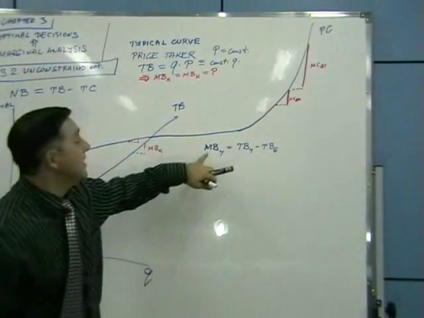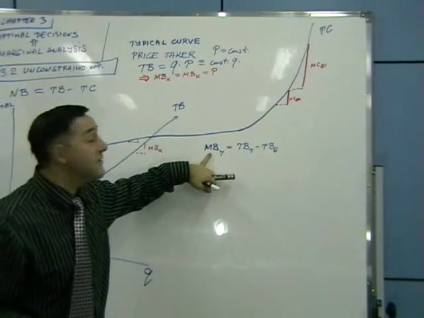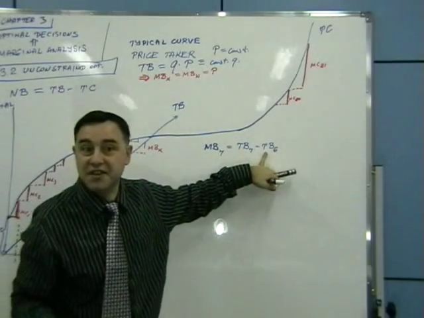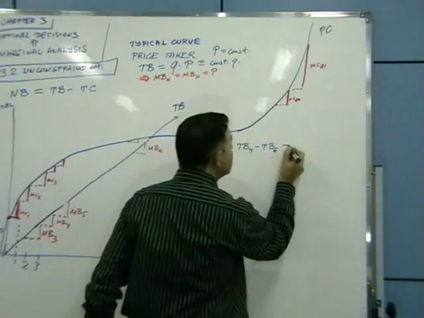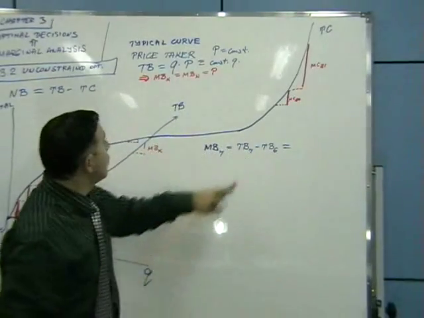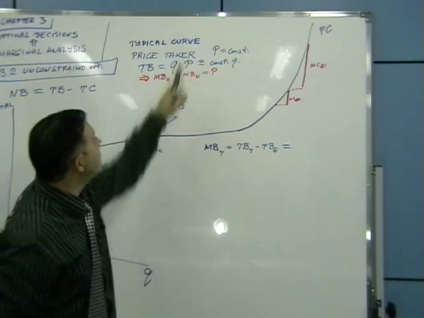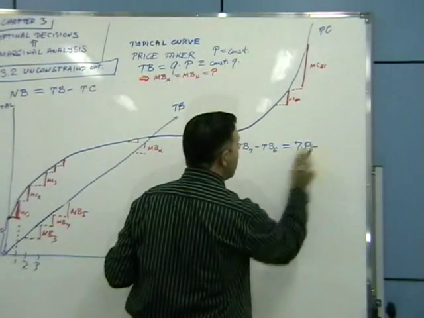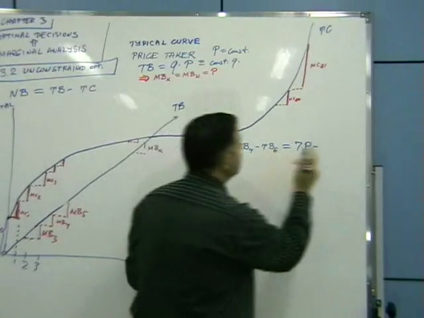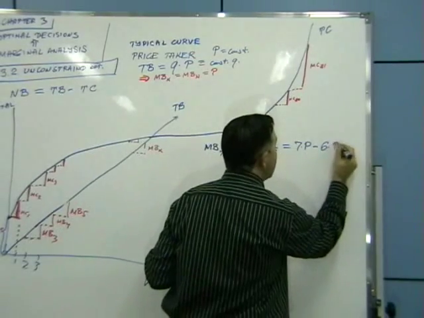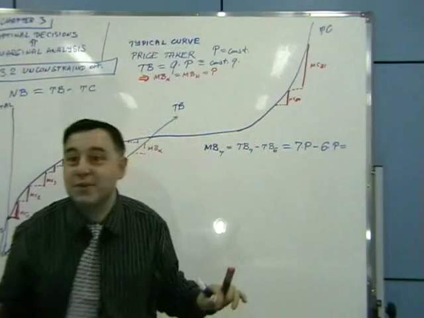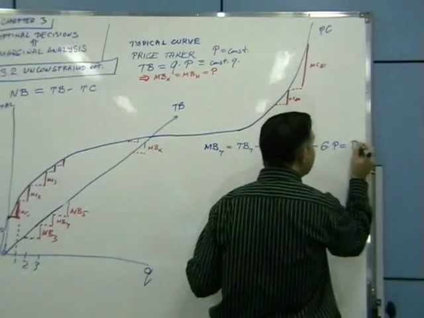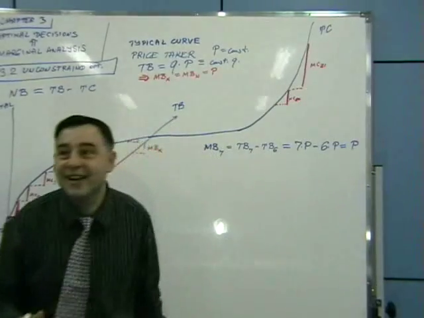In other words, the marginal benefit of the 7th element is what you get for 7 minus what you get for 6. Alright? So, what is total benefit for 7? It is 7 times P minus the total benefit for 6, which is 6 times P, and now you appear to be waking up, right? So it turns out to be P, alright?